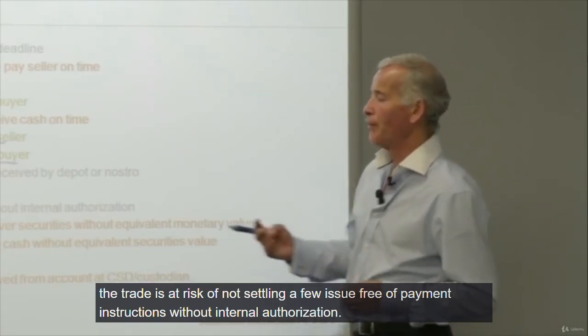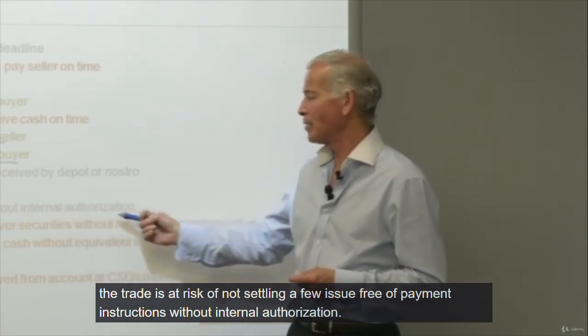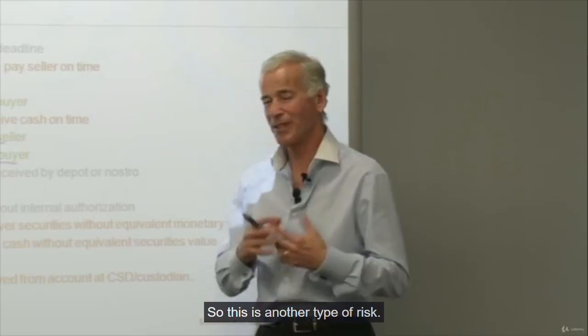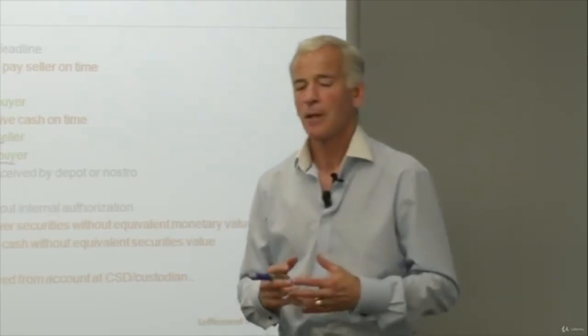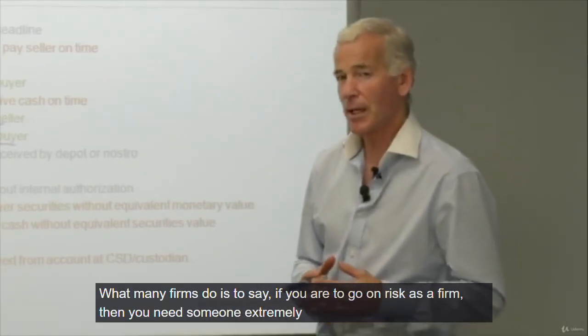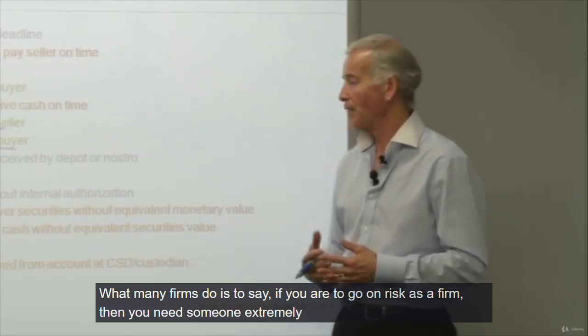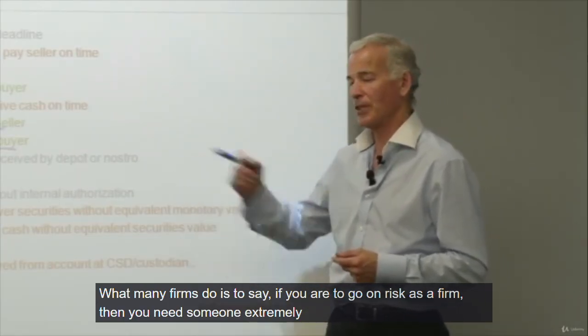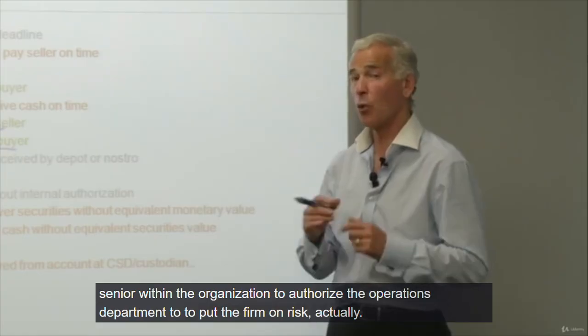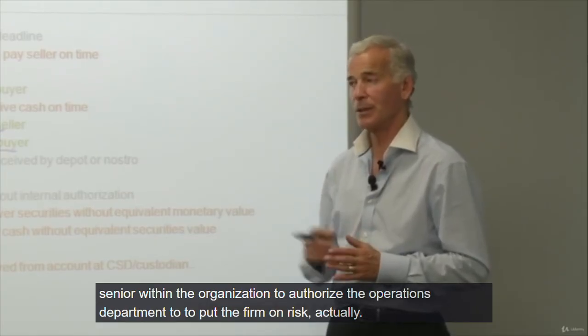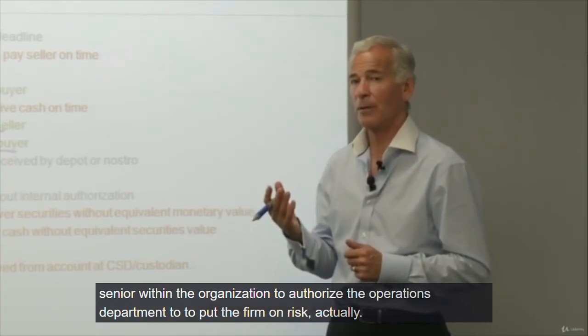If you issue free of payment instructions without internal authorization, this is another type of risk. What many firms do is to say, if you are to go on risk as a firm, then you need someone extremely senior within the organisation to authorise the operations department to put the firm on risk.